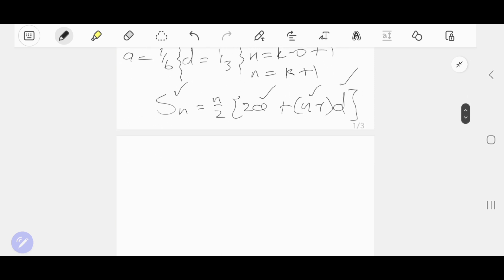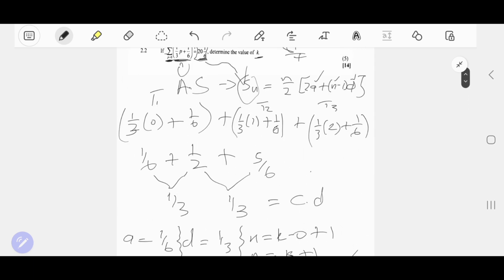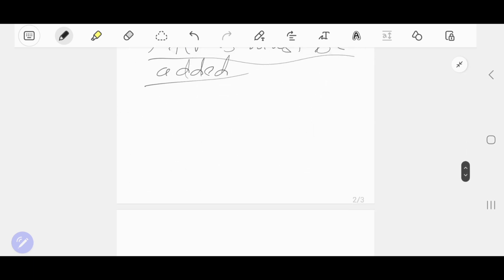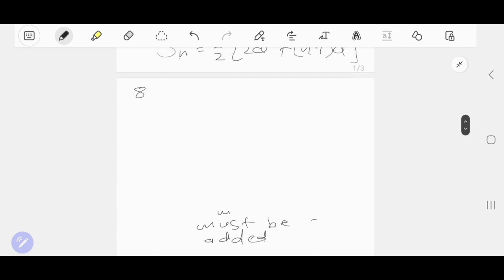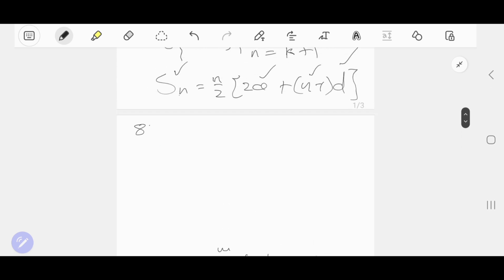So let's move on now and substitute. Our Sn, written as a proper fraction, I think is 81 over 4, and then your n, remember, is k minus 1.